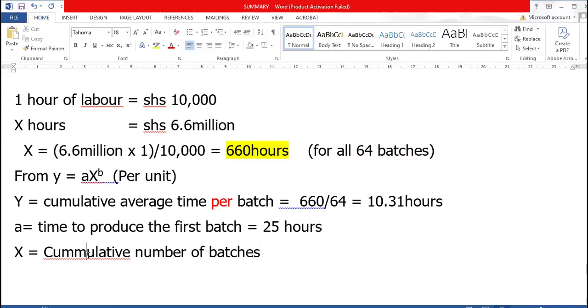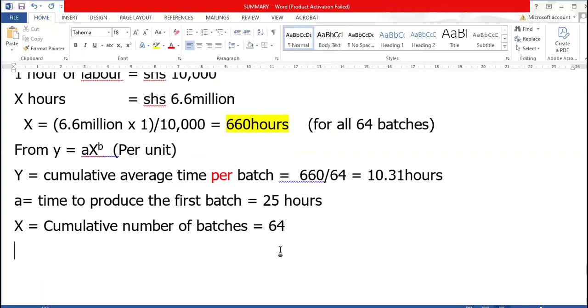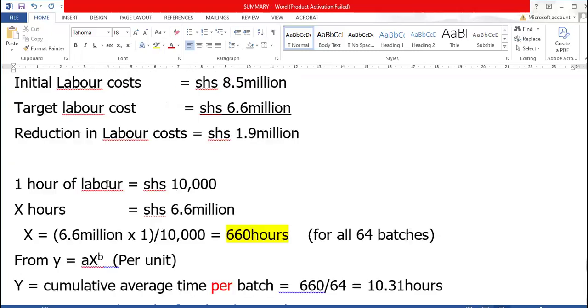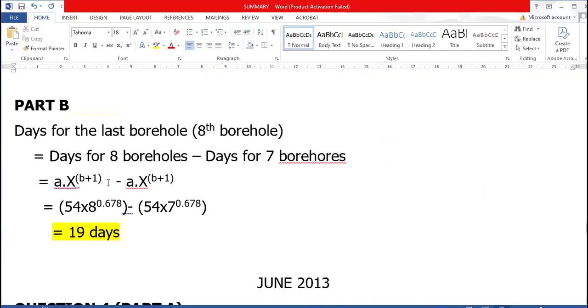X is the cumulative number of batches, and we have 64. What is our B? Our B is log R. Just allow me to copy from this side.